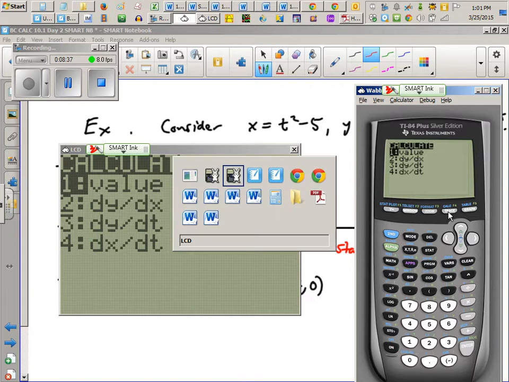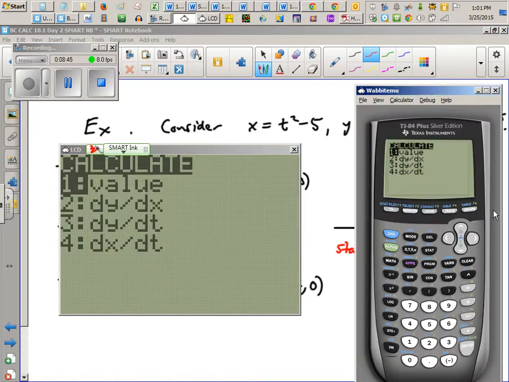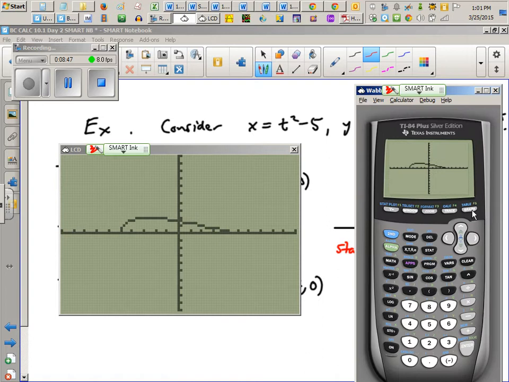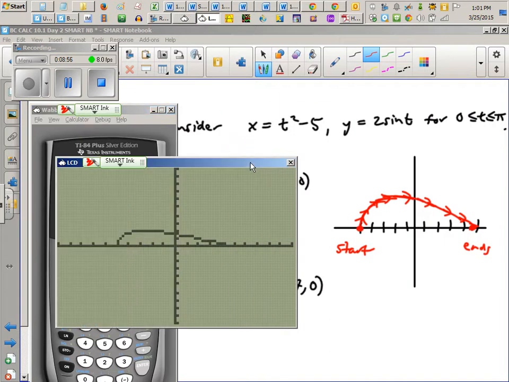Okay, so let's go back to here. We can see our initial sketch is pretty good. What can the calculator not show us that my sketch does show us? My sketch is a little better. It has a couple extra details. What does my sketch have that this sketch doesn't?